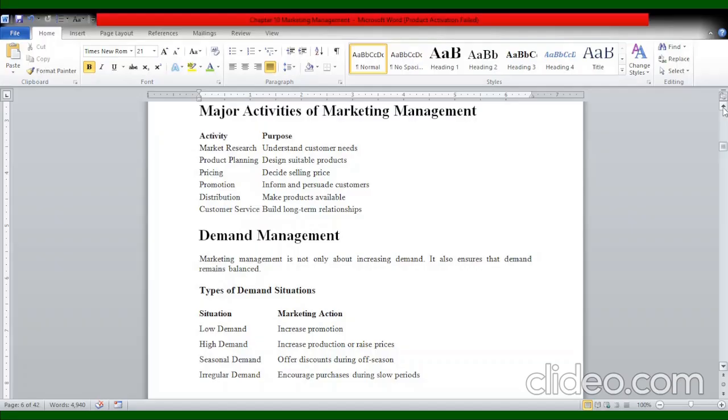Sometimes you observe high demand. High demand means your product is more in demand, more and more customers are buying the product, and your production is continuously increasing. So in this way, you will observe increased production and raised prices. Sometimes your product is more likely to be purchased by existing customers, and by watching them, more and more prospective customers take interest, and they also place an order, online or offline.